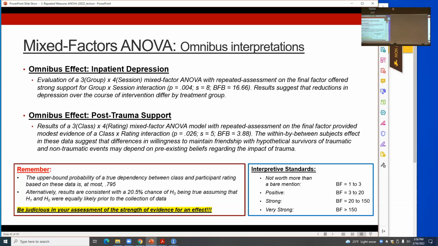The within by between subjects effects of these data suggest differences in willingness to maintain friendship with hypothetical survivors of different types of traumatic events may depend on pre-existing beliefs about the impact of trauma. Okay, so just summarizing that. Now, with this interpretation, did I talk about direction or trends or anything that was going on? No. I'm just saying that based on the omnibus test, they're different somewhere.